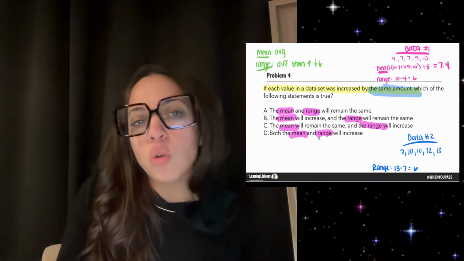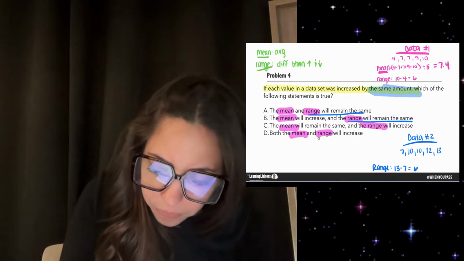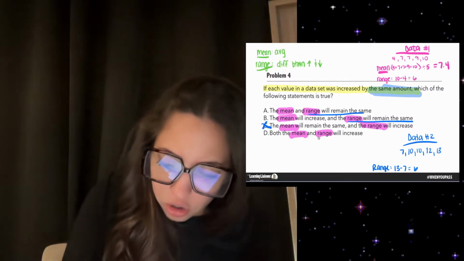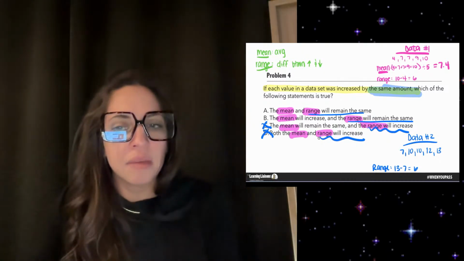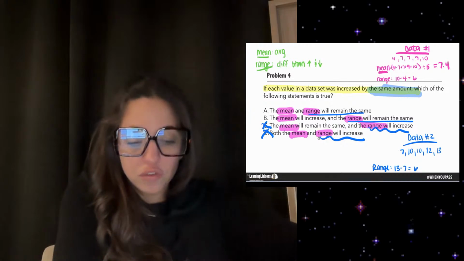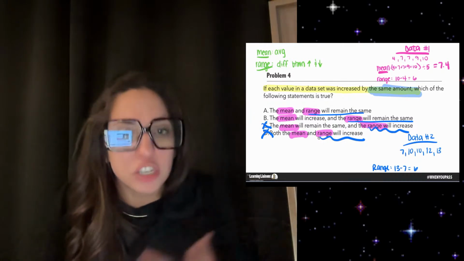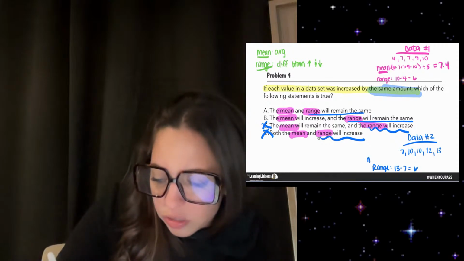Because if I don't have a whole lot of time, I can at least, range does not increase, range does not increase. If I'm running out of time, I can at least pick one of these 2 options from my 50-50 shot, right? Is my mean going to remain the same? Well, let's write it out.